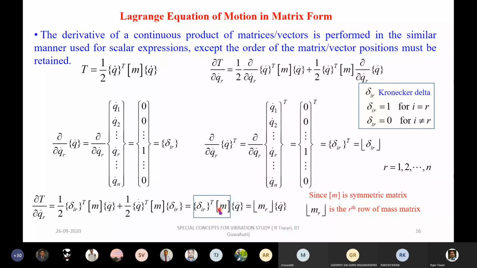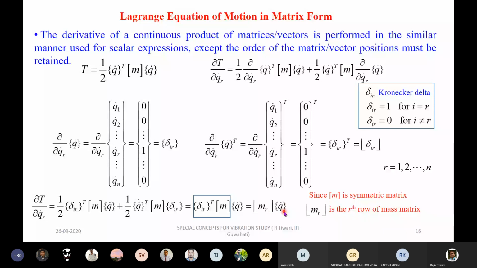So this boxed term will give us the rth row of the mass matrix and q dot. So differentiation of the kinetic energy with respect to the velocity term is giving me the rth row of the mass matrix and the velocity term.